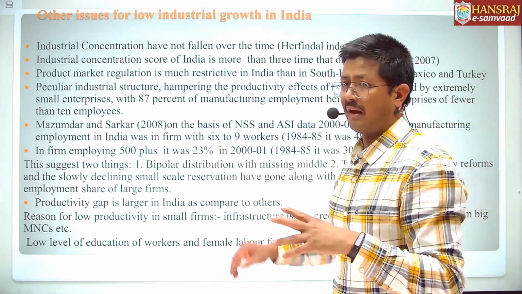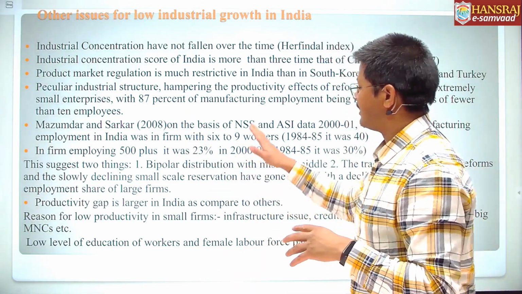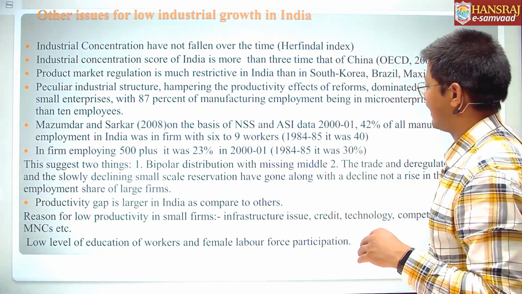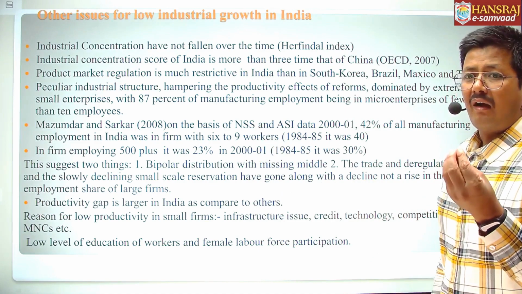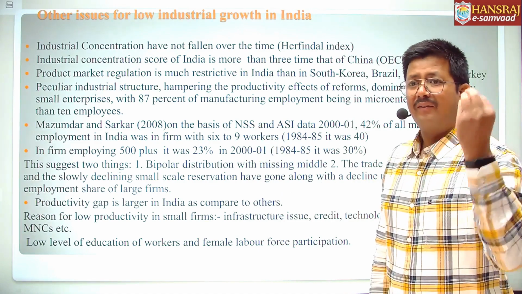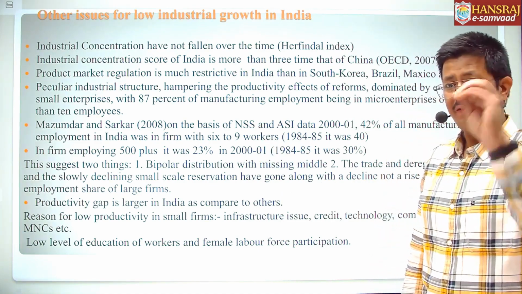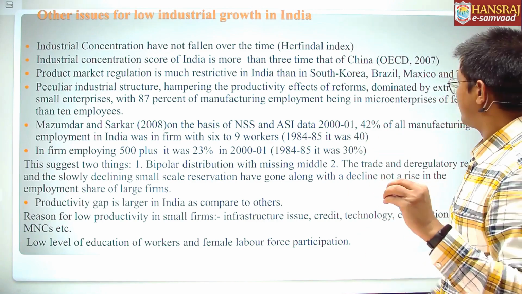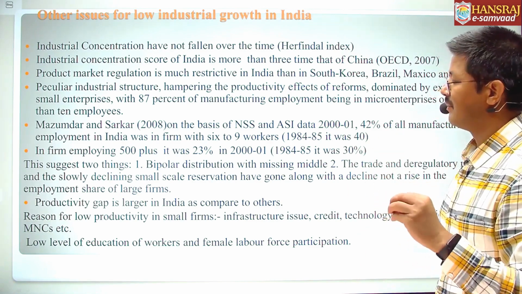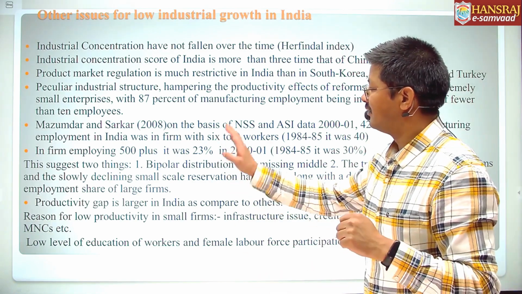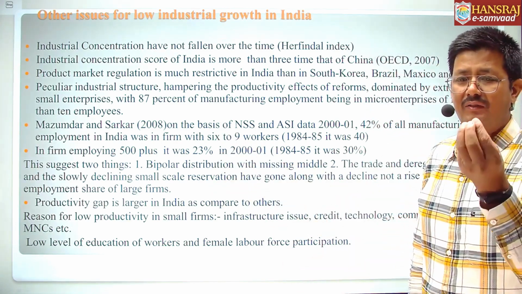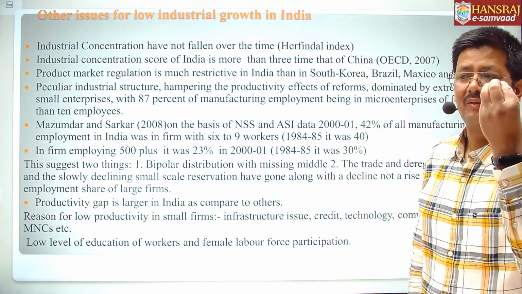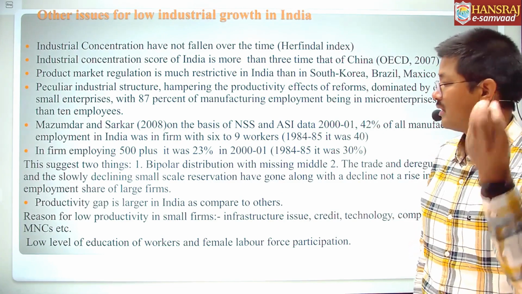Majumdar and Sarkar, 2008, on the basis of NSS and ASI data for 2000-2001, came up with evidence that 42% of all manufacturing employment in India was in firms with 6 to 9 workers, the informal manufacturing units.